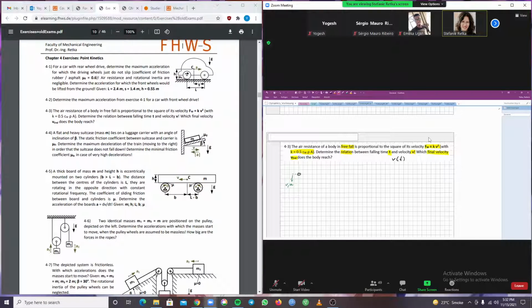The object has a mass, so we have to consider the force of gravity. We have to consider the inertial force acting opposite to the acceleration. So again, it's acting upwards. And we have to consider the air resistance, also acting opposite to the direction of motion, F_W is what it's called here.